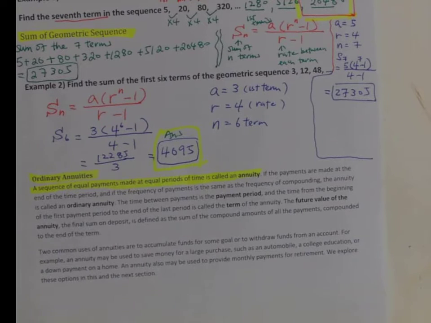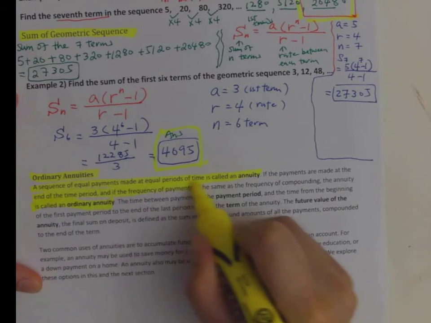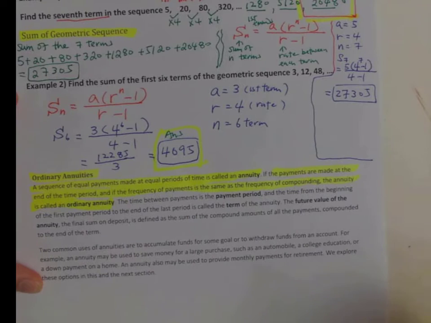So if the payments are made at the end of each time period, and the frequency of payment is the same as the frequency of compounding, then this kind of annuity is called an ordinary annuity. Most annuities are like that. The time between payments is called the payment period.